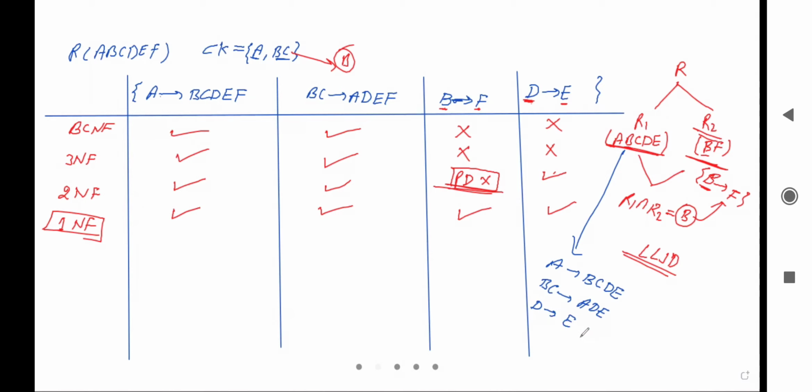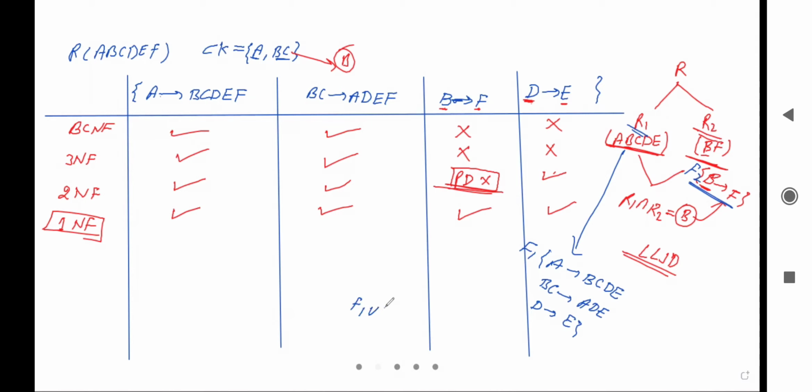These are the functional dependencies for relation R1, and this is the functional dependency for relation R2. Let me say this one is F1 and this one is F2.